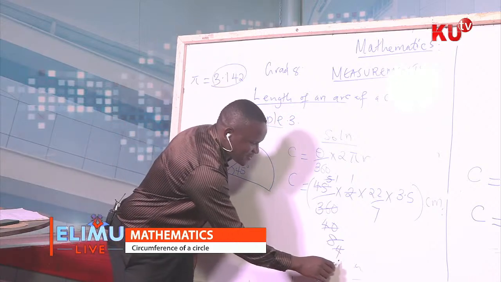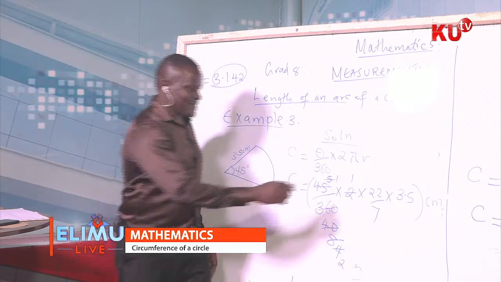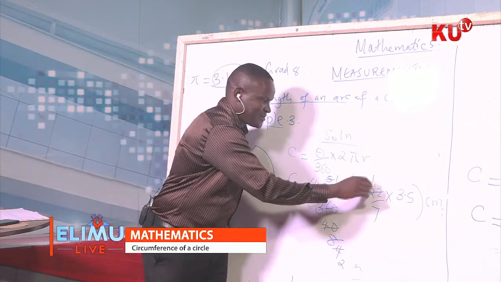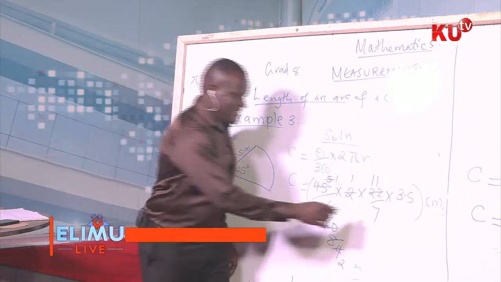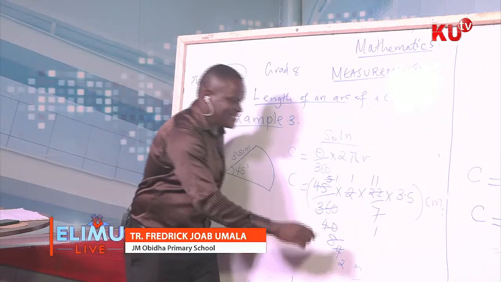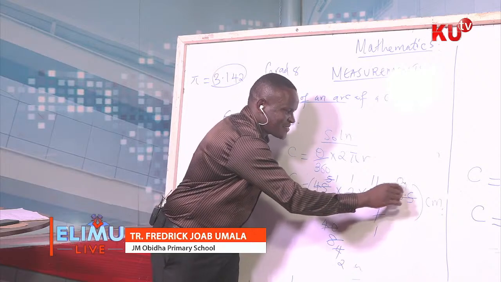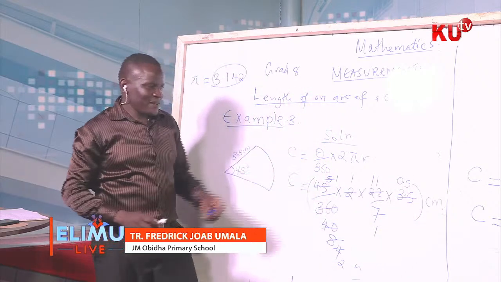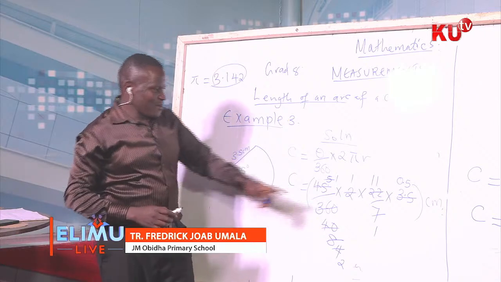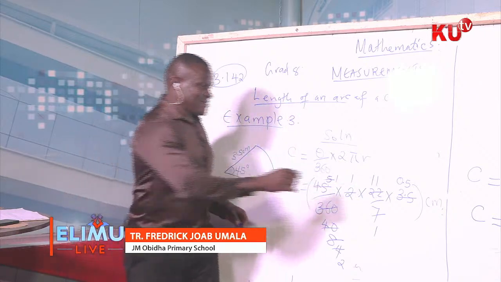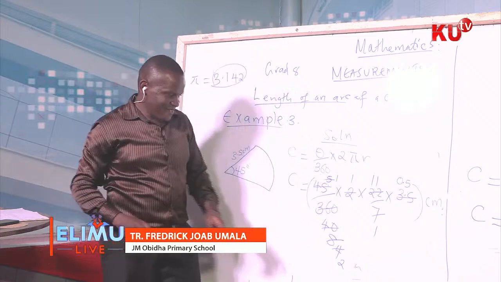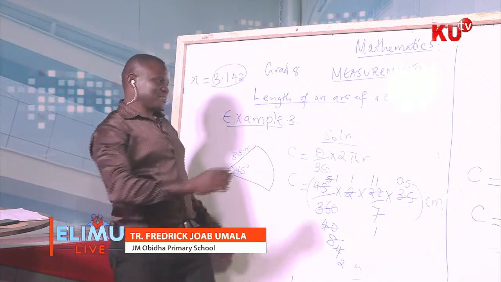Then 2 into 4, 2 into 22, 11. 7 into 7 once, into 3, 0, then 35. So we have 0.5. So we have 11. We are going to multiply by 0.5. Then denominator, we are left with 2.